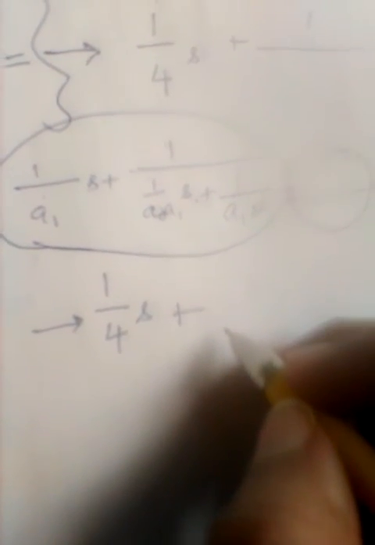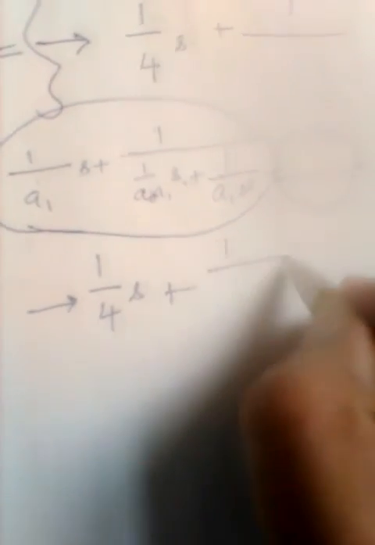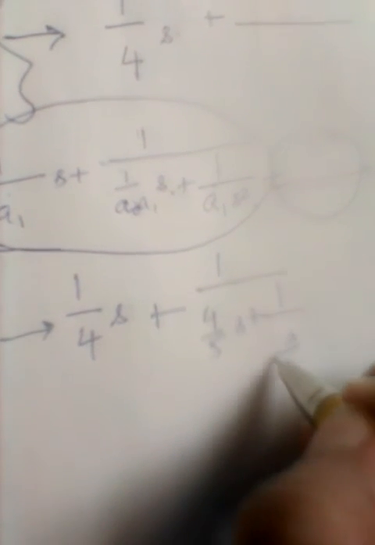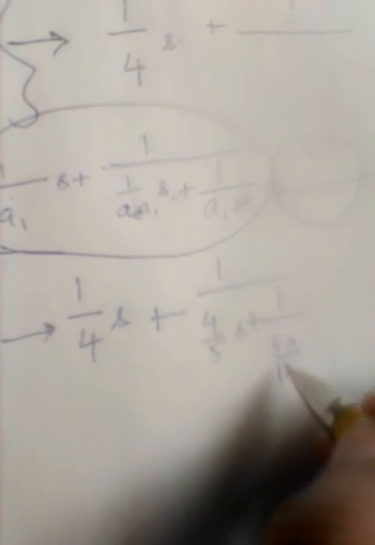Similarly, this is the primary, then the secondary will be 1 by 4 by 5s plus 1 by s by 12, that is 5s by 12. So we can have 1 by 4s plus 1 by 4 by 5s plus 1 by 5s by 12.